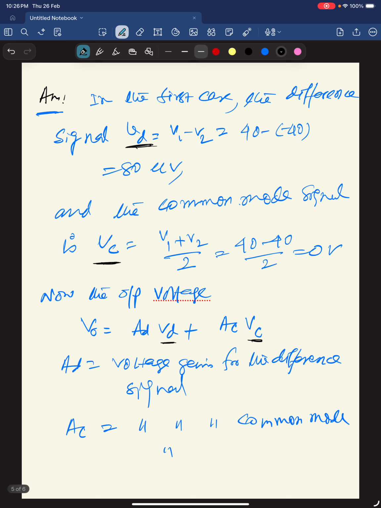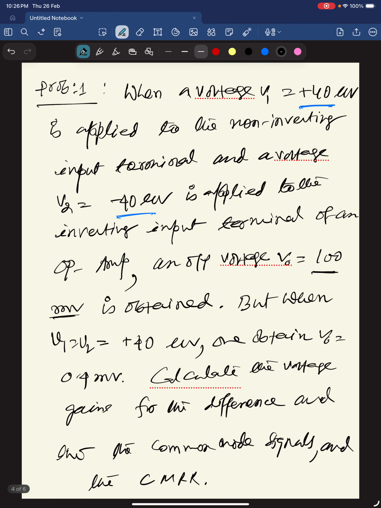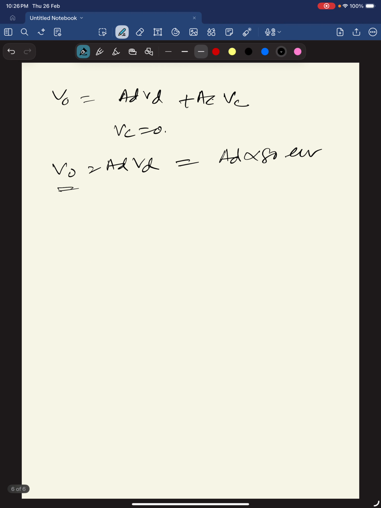So V0 is equal to AD VD, and VD is equal to 80 microvolt. So 100 millivolt is equal to AD into 80 microvolt.